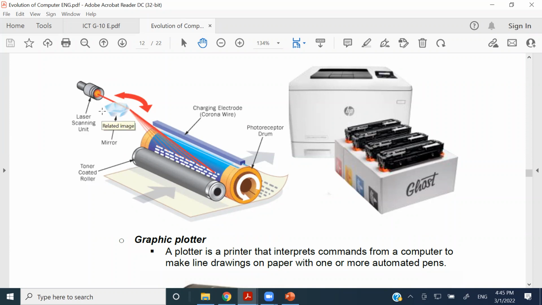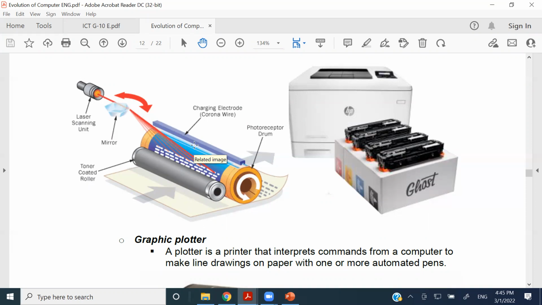So when we ask the printer to print, the computer sends the document to the printer. With the help of this laser inside the printer, it creates a pattern on the drum, right? So in simple terms, the drum is getting heated.